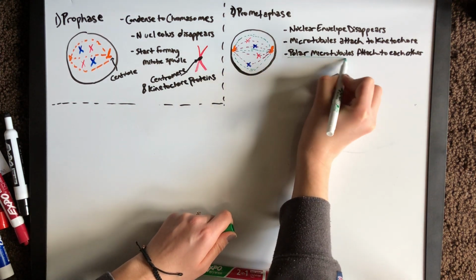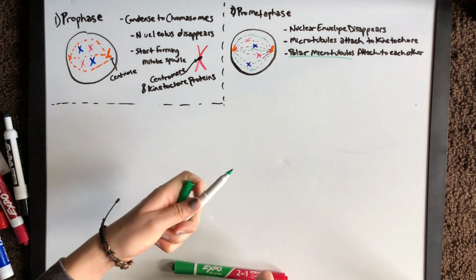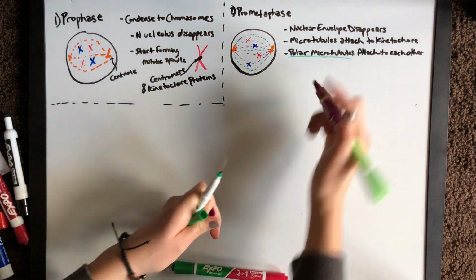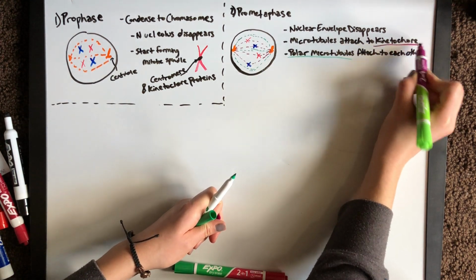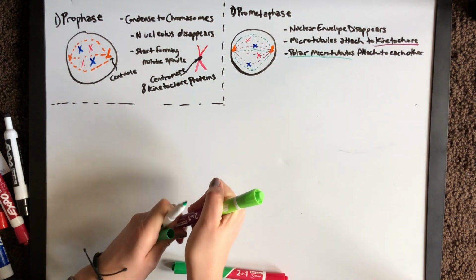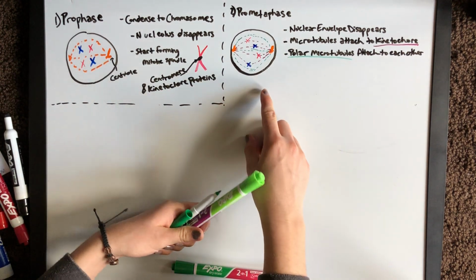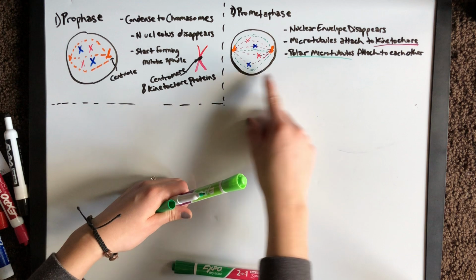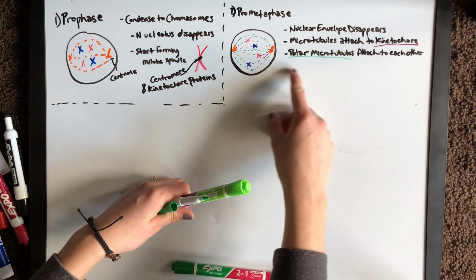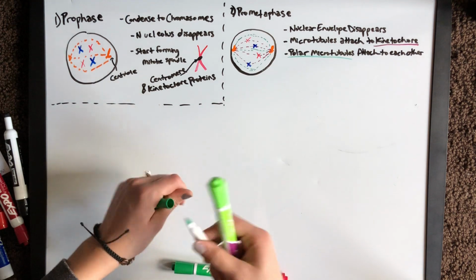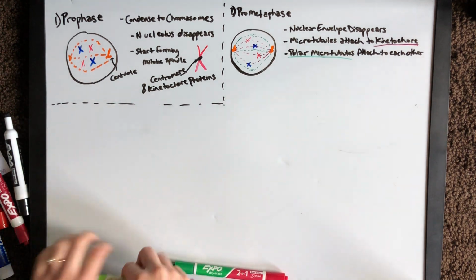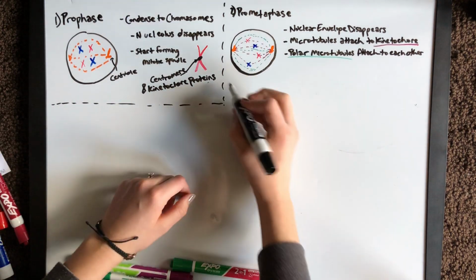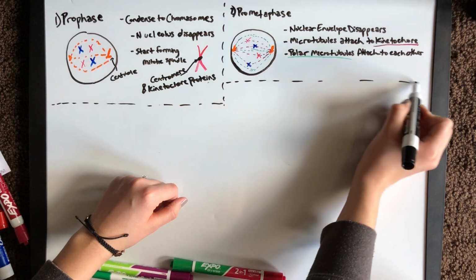So polar microtubules are green, and our kinetochore microtubules are purple. What's going to happen is the kinetochore microtubules will pull on the chromosomes and shorten, and our polar microtubules will push against each other, but we won't get to that until anaphase, just a little heads up. Okay, so that was prometaphase.